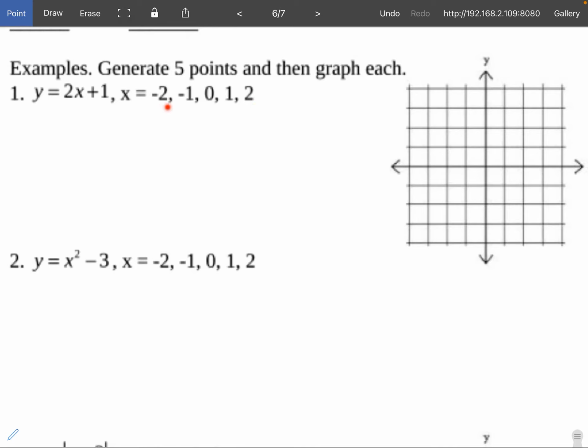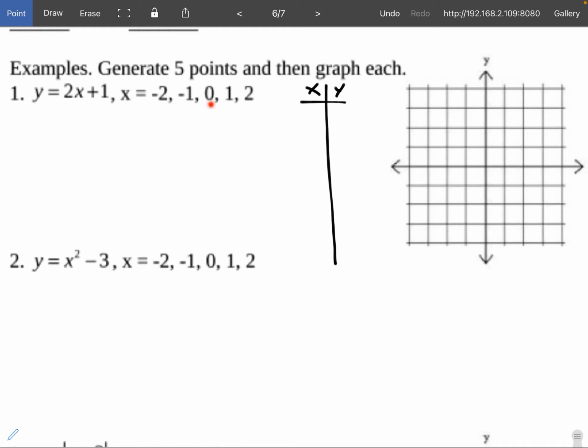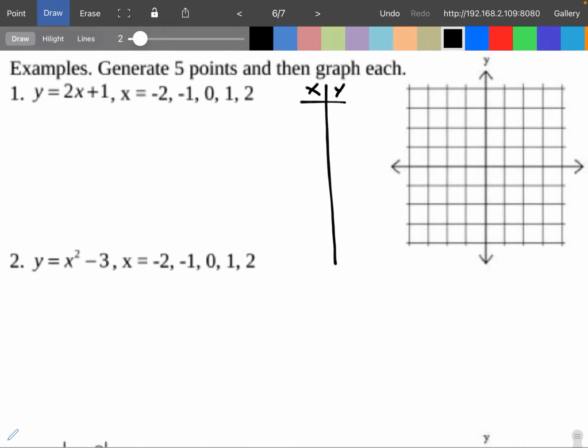And then here's my list of inputs right here. All right, and then I'm going to see what output I get for y for each of those x's. So what we're going to do is make a little table. So draw a little table here like this. And then the x's that we got to put in are listed right here.